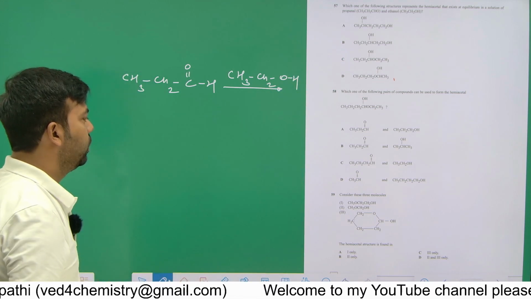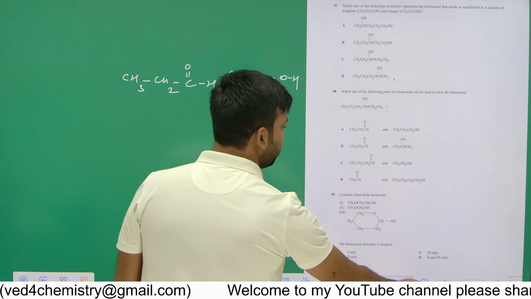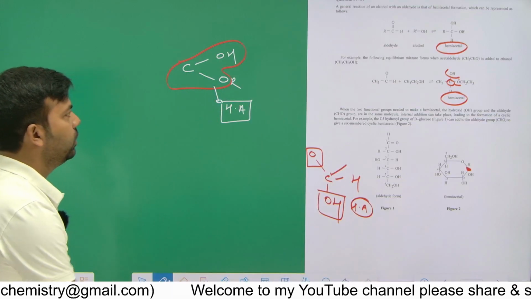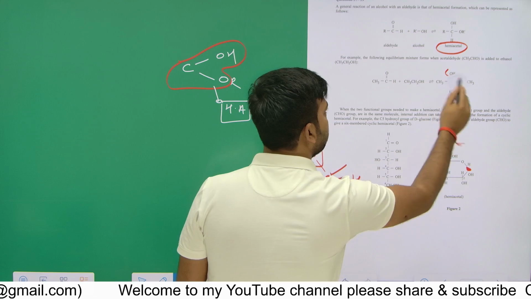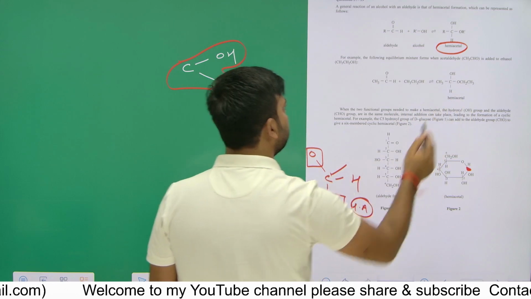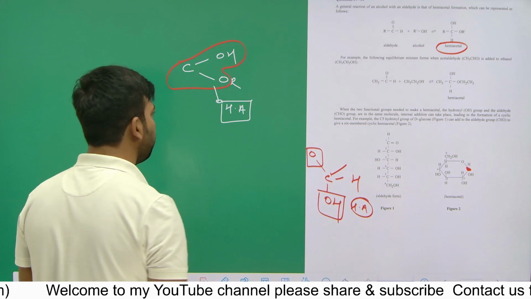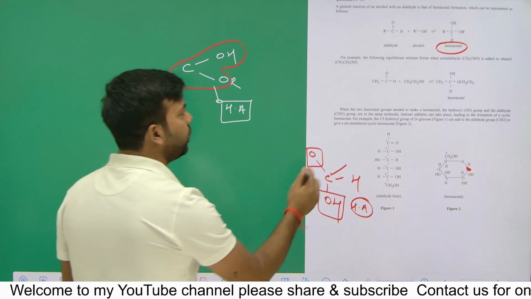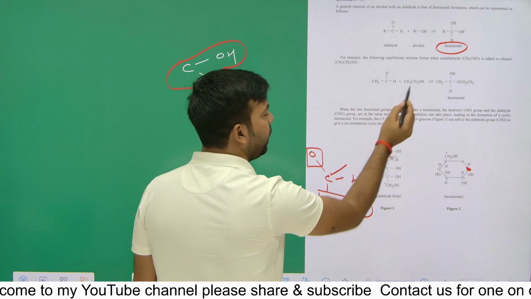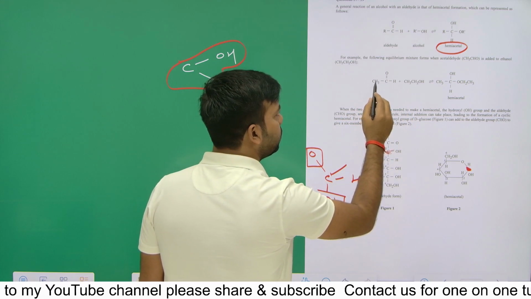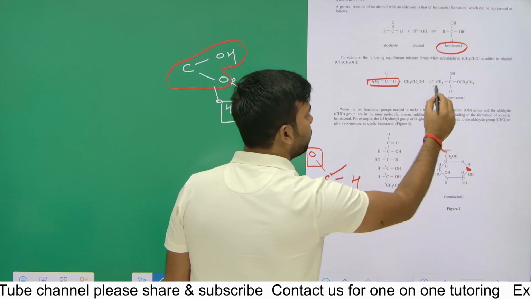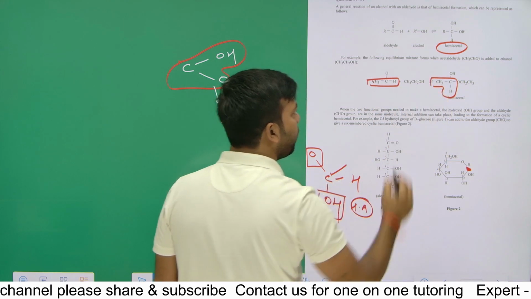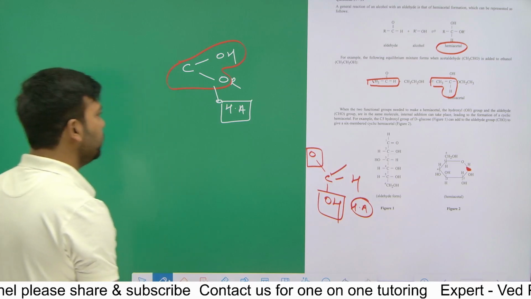Clear? If you look at the previous information, the reaction, I am talking about the formation of hemiacetal. If you look at this aldehyde and alcohol, this CH3CH is the same.